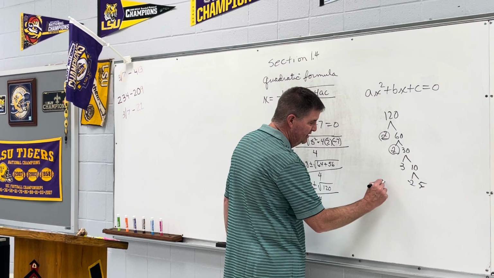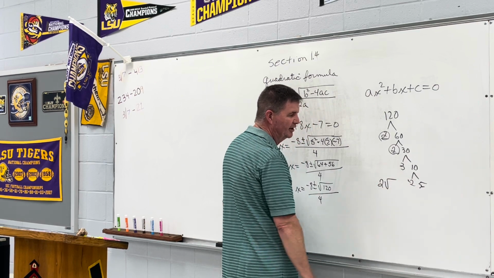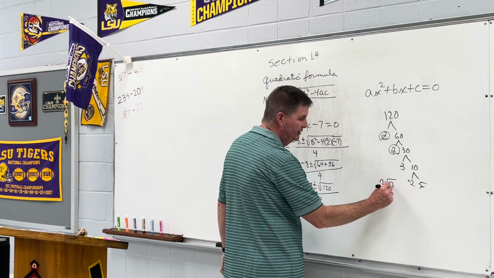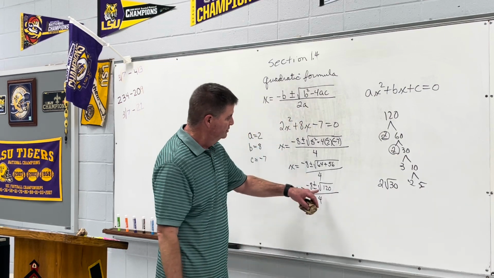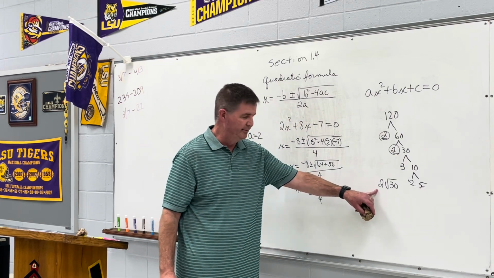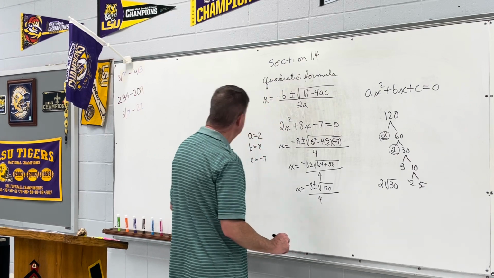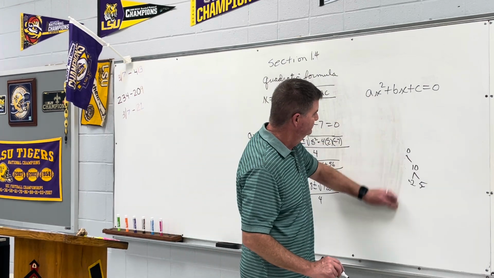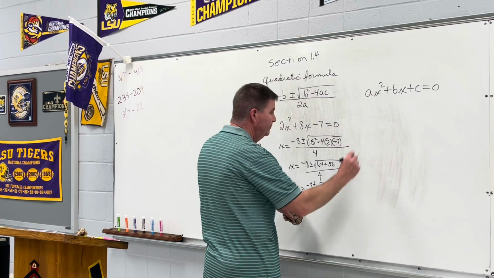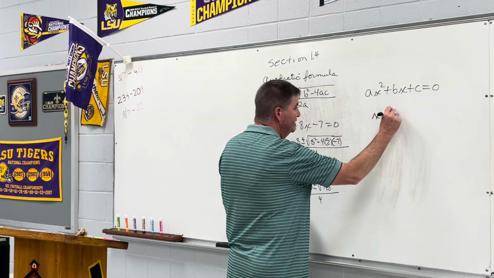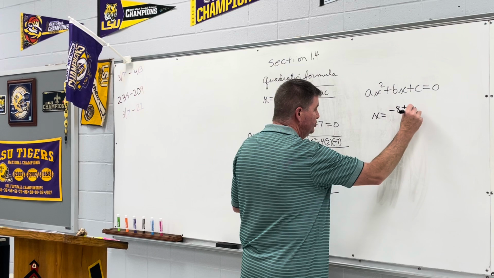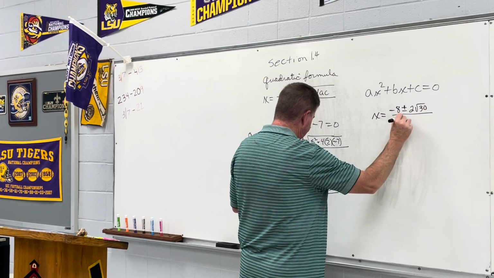So it's 2 times the square root of all these things multiplied back together, which happens to be 30. So the square root of 120 breaks down to 2 times the square root of 30. So I got x equals negative 8 plus or minus 2 square root of 30 all over 4.